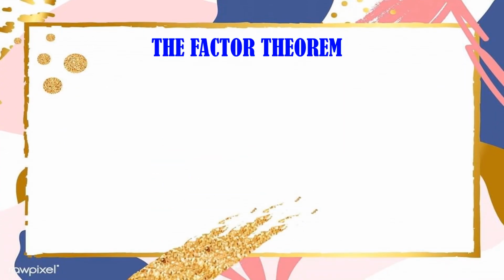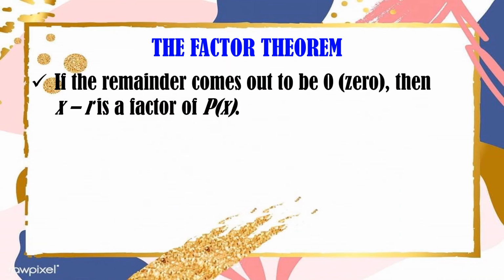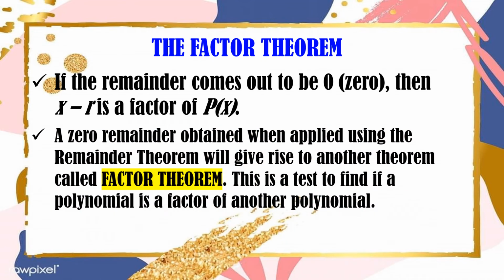Now we have the factor theorem. If the remainder comes out to be 0, then x minus r is a factor of p of x. A zero remainder obtained when applying the remainder theorem will give rise to another theorem called the factor theorem. This is a test to find if a polynomial is a factor of another polynomial.